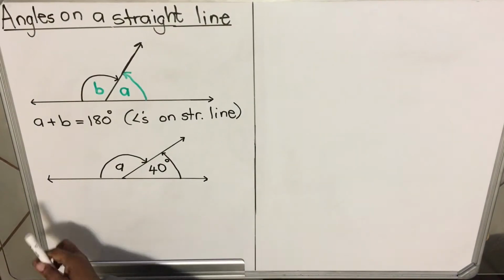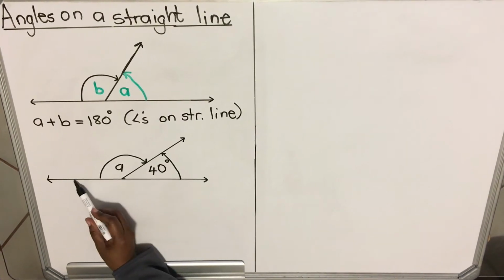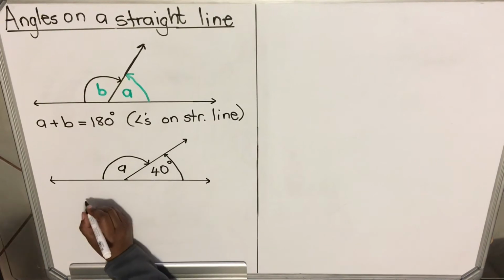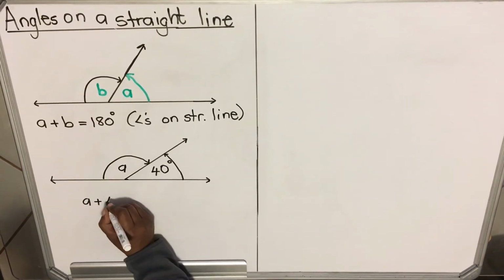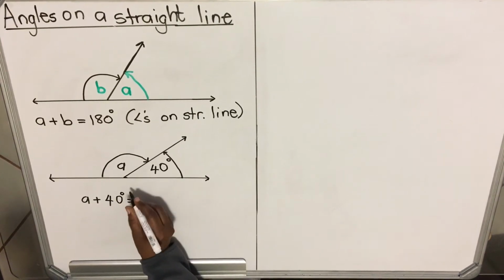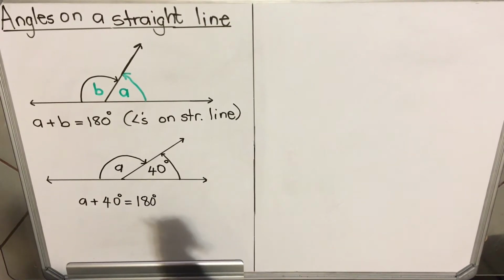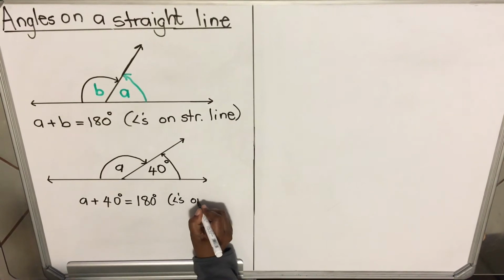Here, you are asked to calculate the value of angle A. These two angles are on a straight line, so you're going to add them. Angle A plus the other angle, which they've written for me as 40 degrees. Because they're on a straight line, the total is 180. In geometry you always write the reason.